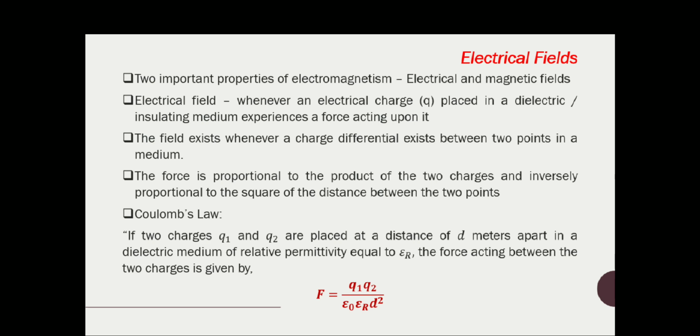So suppose two charges Q1 and Q2 are placed at a distance of d meters apart in a dielectric medium with a relative permittivity equal to epsilon r, the force acting between these two charges is given by Coulomb's law, that is F equals Q1 Q2 by epsilon 0 epsilon r d square.